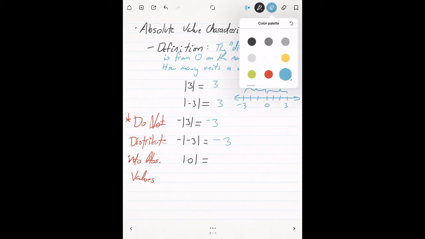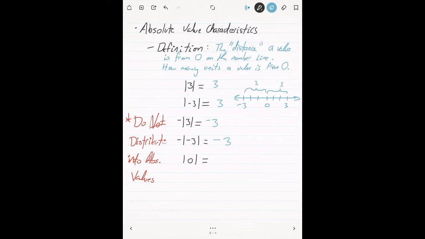Now, last one, the absolute value of 0. Well, if you just picture that on a number line, how far is 0 away from 0? How many units? Well, that should be fairly obvious. It's 0 units away, okay? So, this is the only situation where you will have one certain possibility. So like if I said to you, I'm thinking of a number that's got an absolute value of 0.